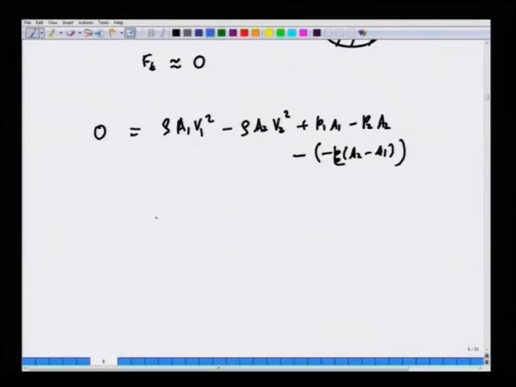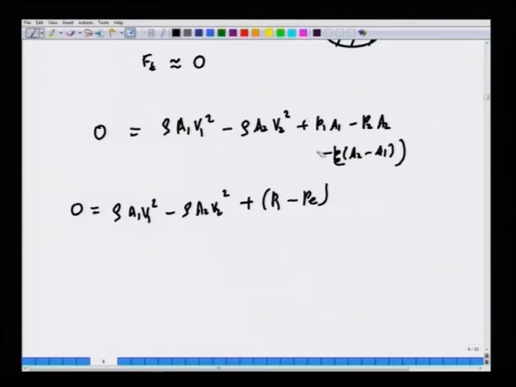You can also rewrite this as 0 is rho A1 V1 squared minus rho A2 V2 squared plus (P1 minus PE) times A1, plus (PE minus P2) times A2, and then minus F tangential, which is neglected in our approximation.